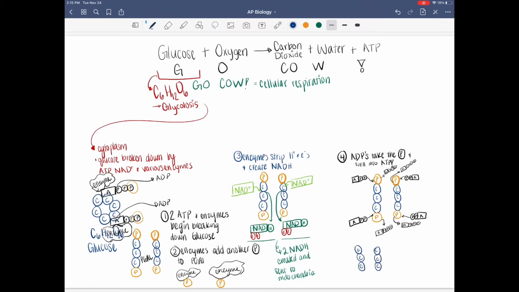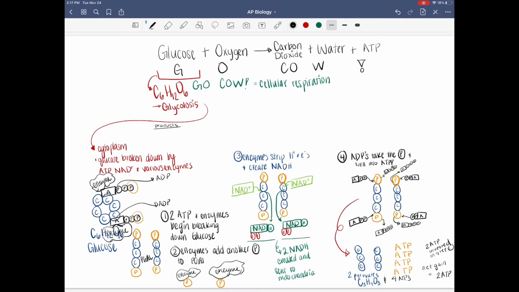And so after this step, we're going to be left with 2 pyruvates, which is what our 3-carbon molecules are, and we'll have 4 ATP. All right, so the formula for our pyruvates is C3H4O3. Now when you're looking at your 4 ATPs, keep in mind that we invested 2 ATP to start out in step 1. So our net gain is 2 ATP.